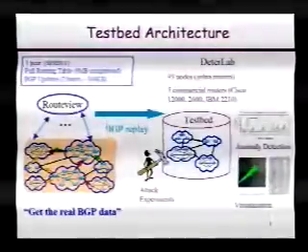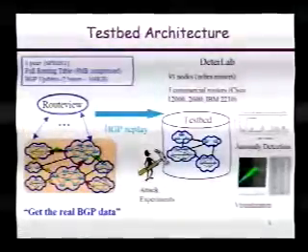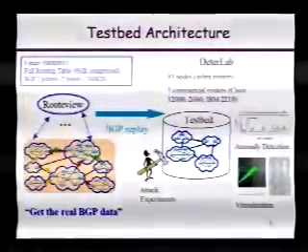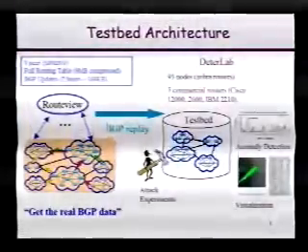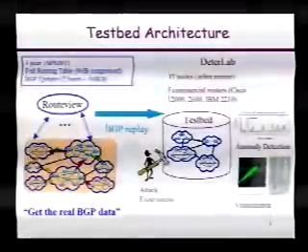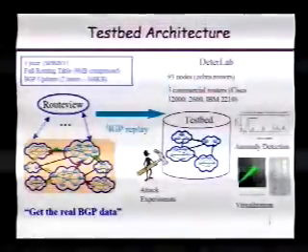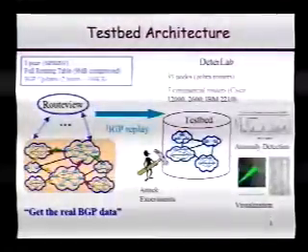For the routing group, we install GNU Zebra in each node, so potentially we can have up to 93 Zebra routers. Beyond this PC cluster, we also have a few commercial routers, including Cisco 12000 and 2600.